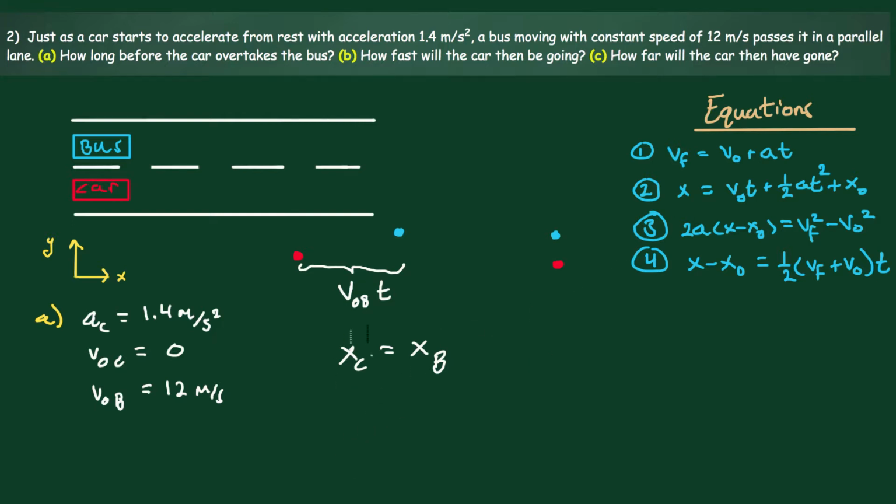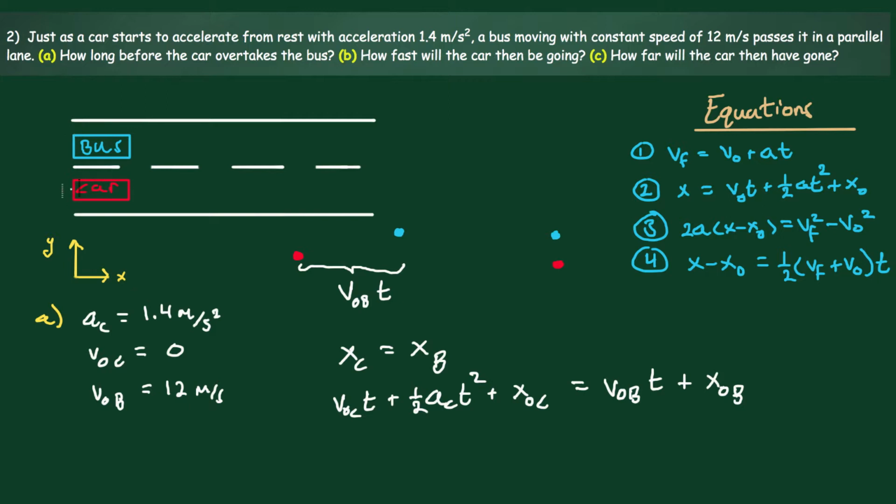So if we substitute x sub c with this equation over here, we can write v0c times t plus 1/2 a sub c times t squared plus x0c, the initial starting point of the car, is going to be equal to v0b, the initial velocity of the bus, multiplied by t, plus x0b, okay?